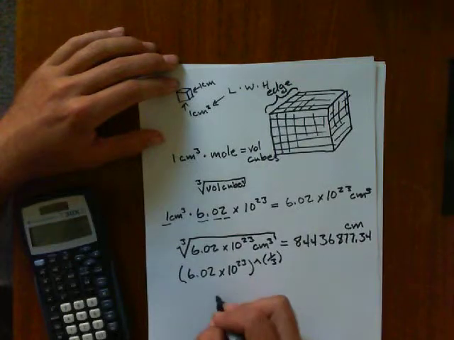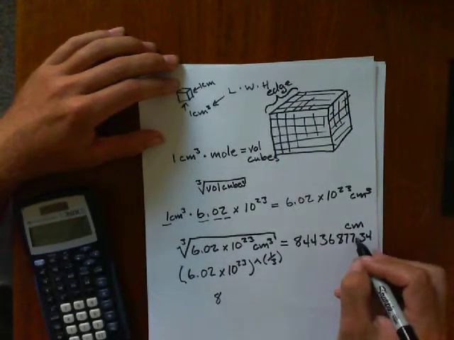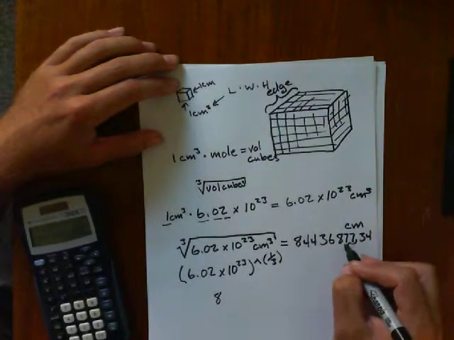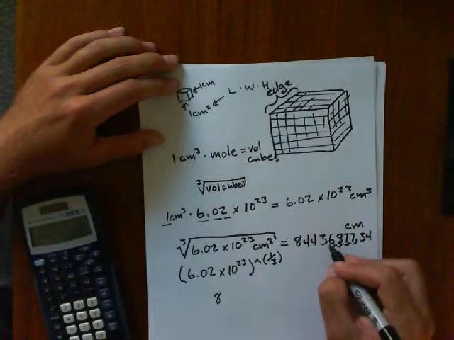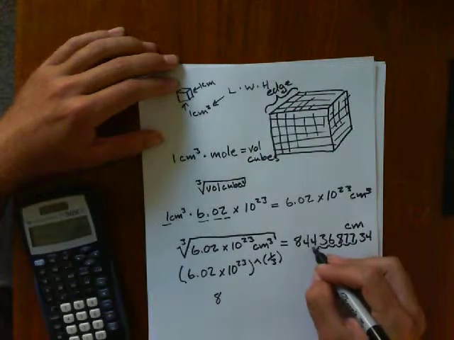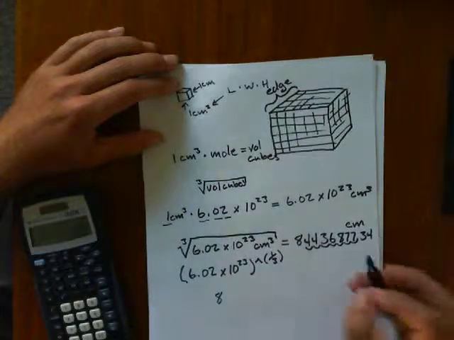So that ends up being 8, and let's count over: 1, 2, 3, 4, 5, 6, 7.